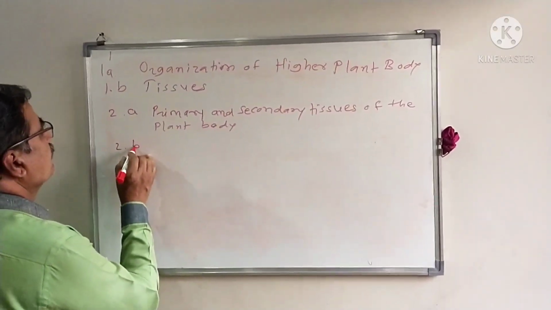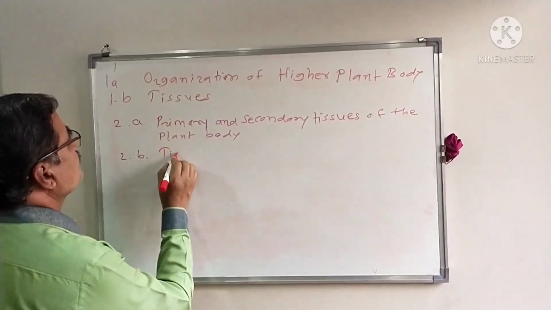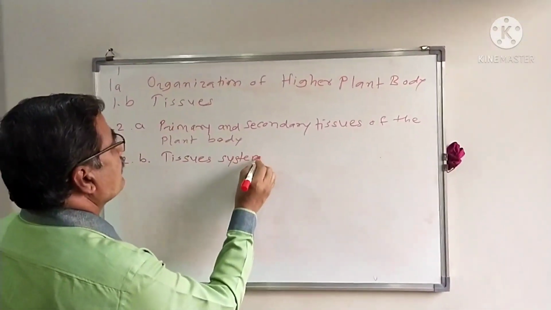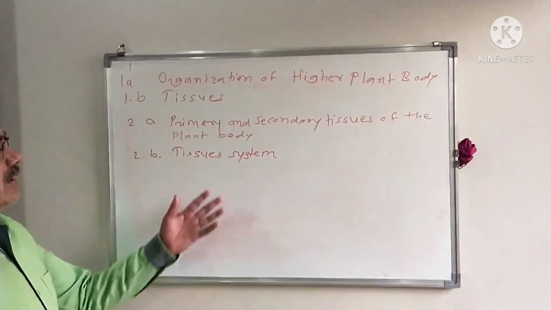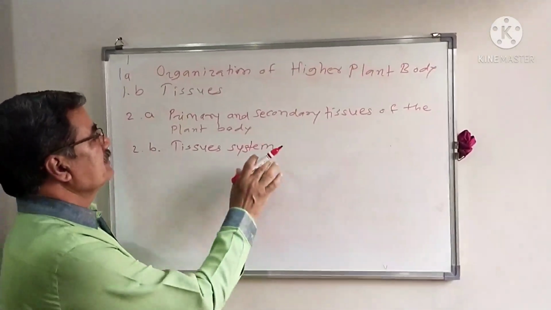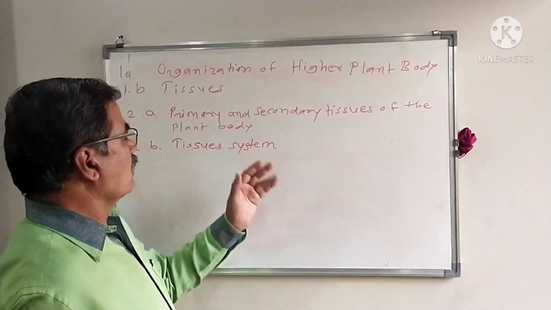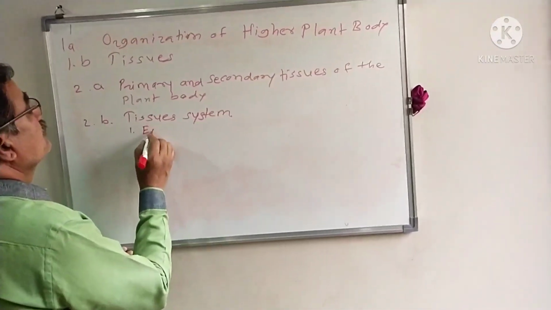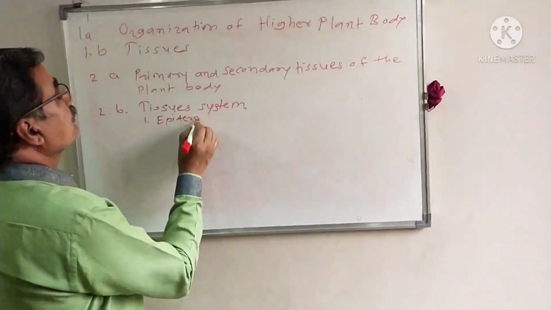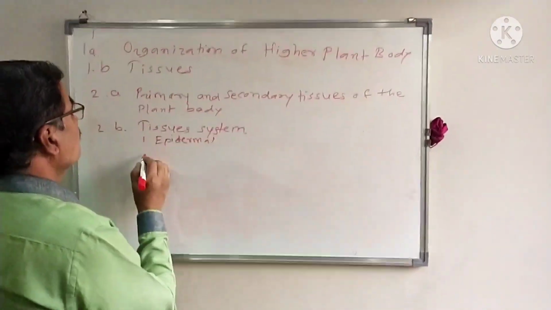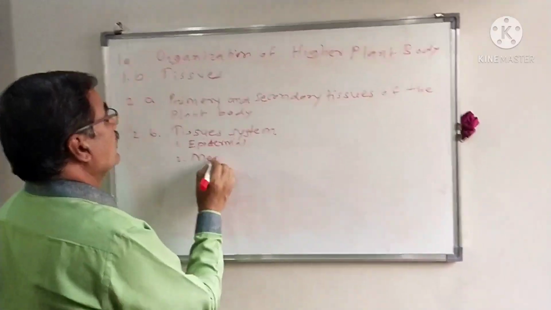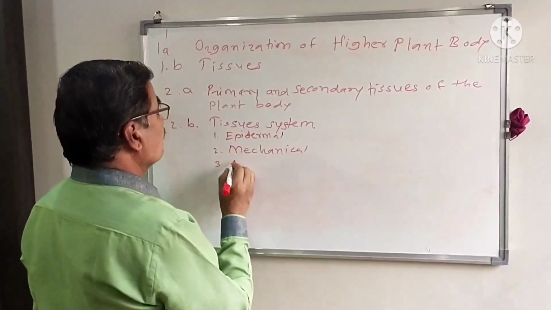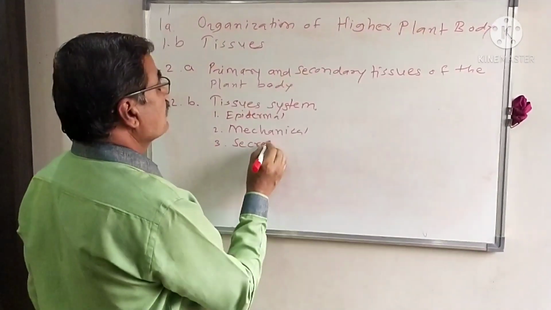The 2.B unit is the tissue systems. The whole plant body has systems, and each system consists of tissues. In the syllabus there are three types of tissue systems: epidermal tissue system, second, mechanical tissue system, and third, secretory tissue system.